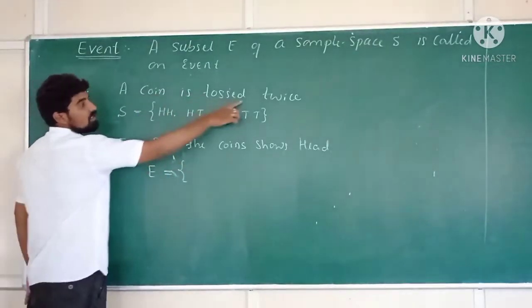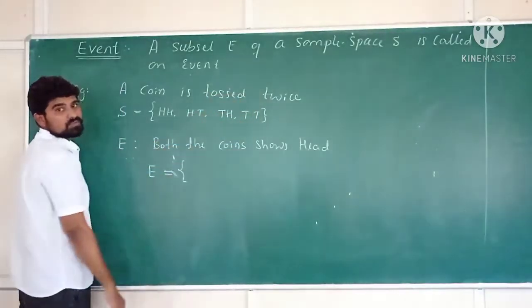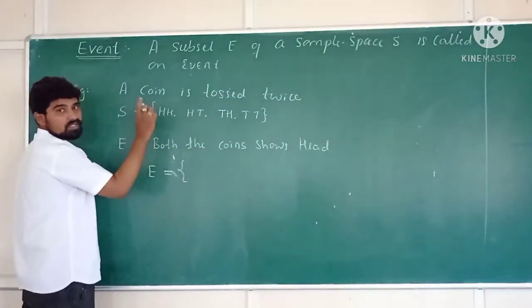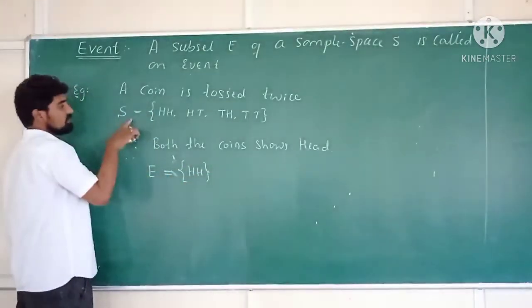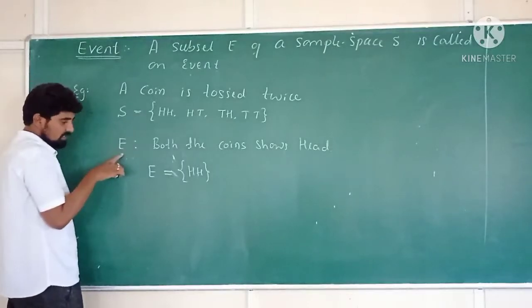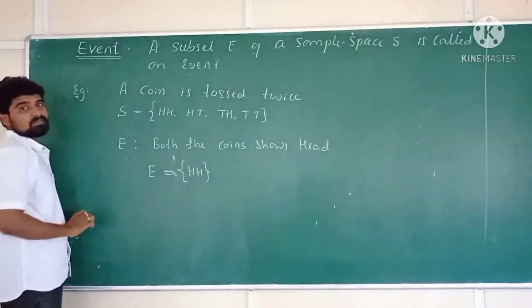So when we toss a coin two times, in those two times the coin must show head. So here there exists only one, that is H and H. So this set E is a subset of the sample space, hence this is called an event of this random experiment, or event of this sample space.